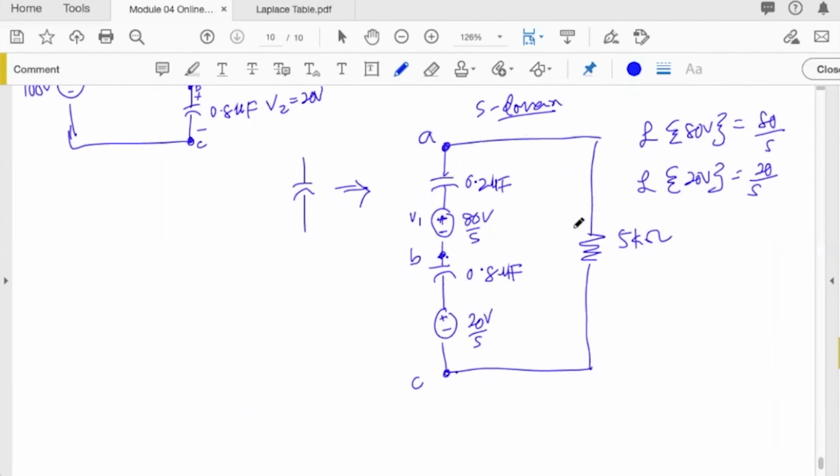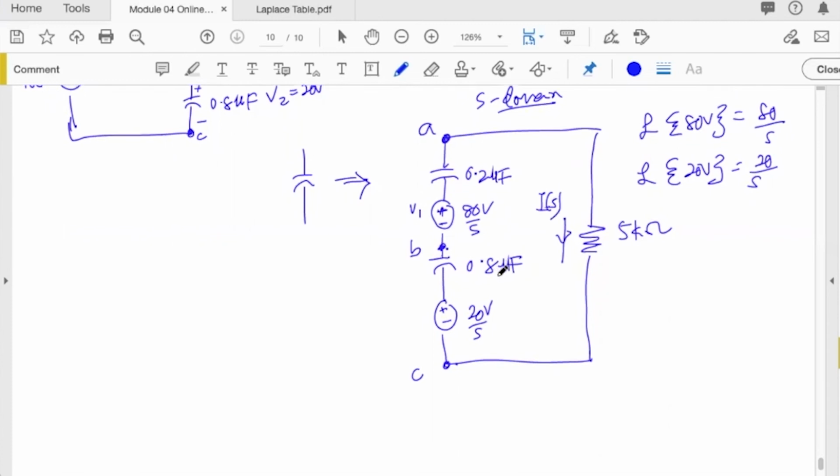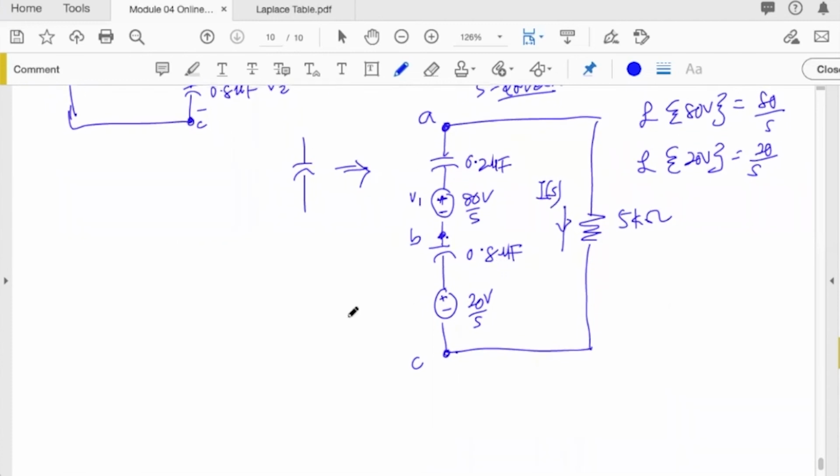So now we can find our currents. Okay, so our current after the transformation will be I, big capital I of S. Okay, so if you're using your Ohm's law, you know that your current must be equal to voltage divided by resistors.